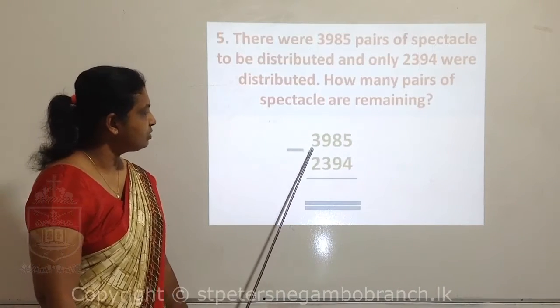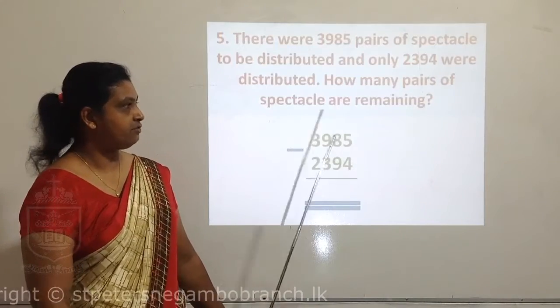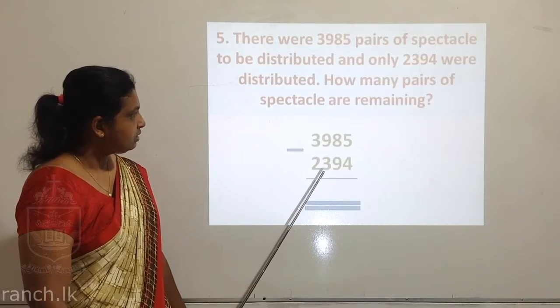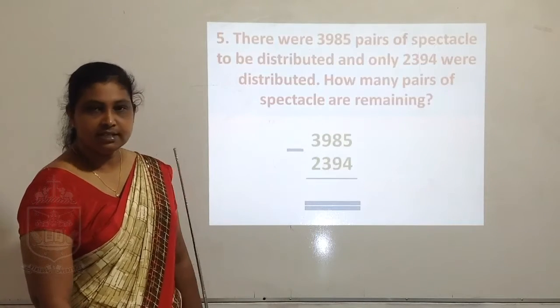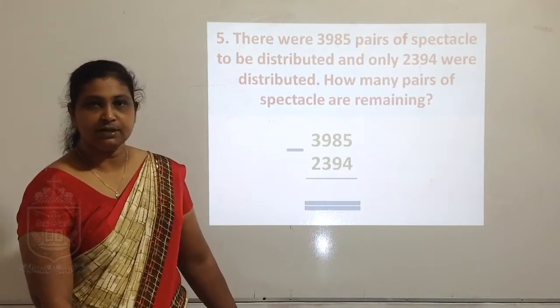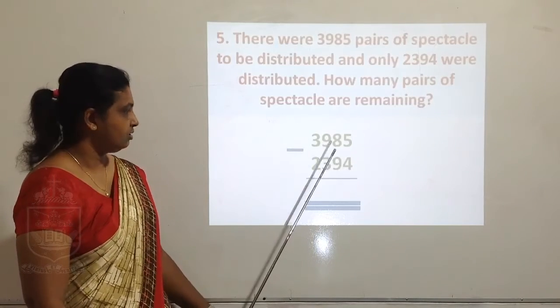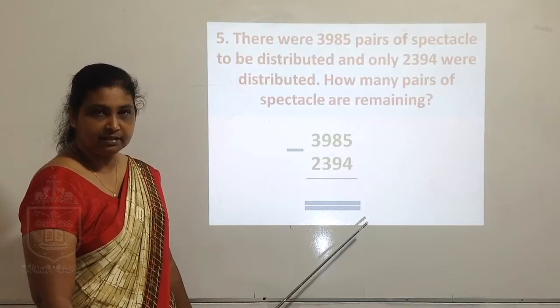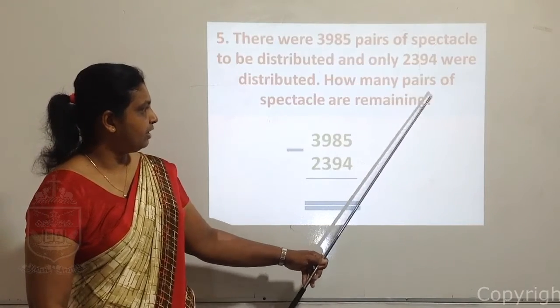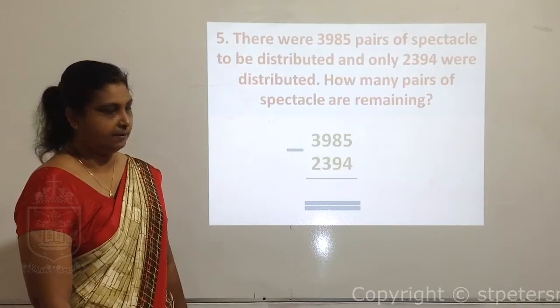There were 3,985 pairs of spectacles to be distributed and only 2,394 were distributed. That means we have to subtract. They have already distributed this many. So after subtracting this number, you get the number of pairs of spectacles remaining.